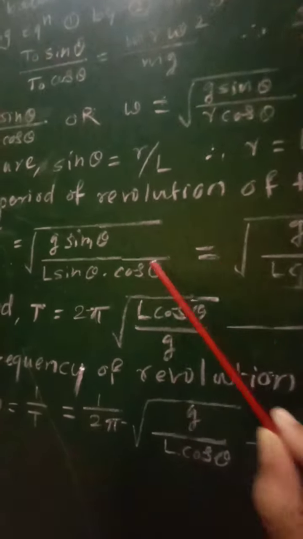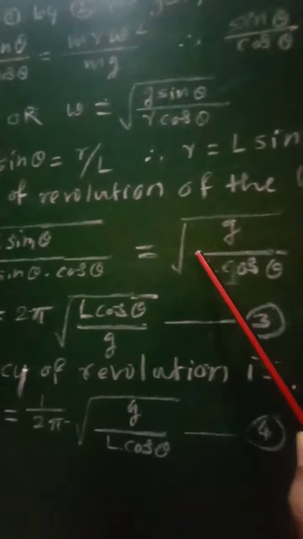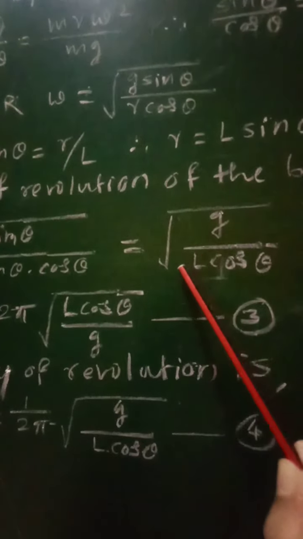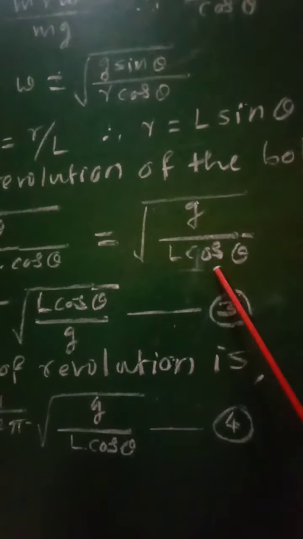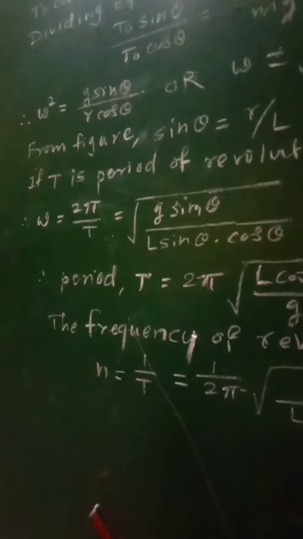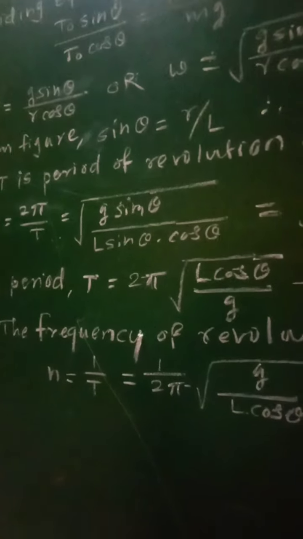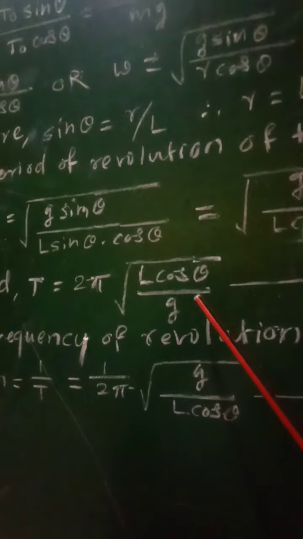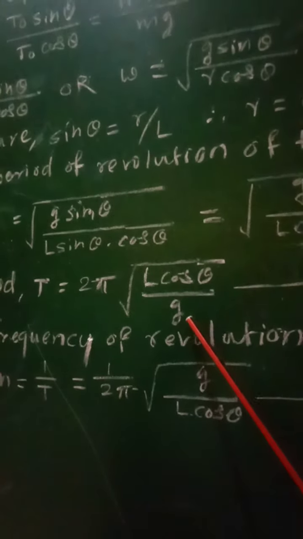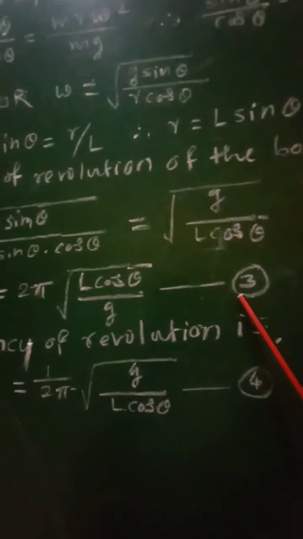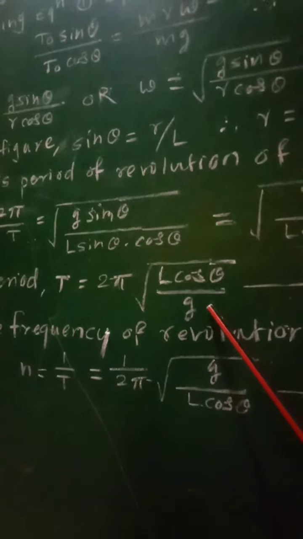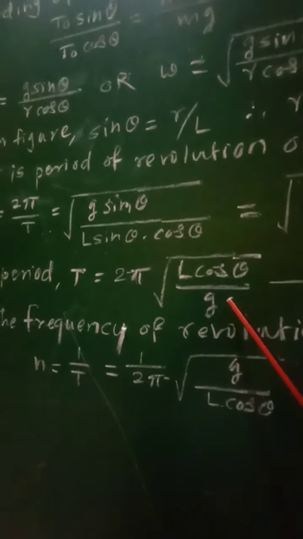So that we will get sin theta cancel, and therefore square root of g upon L cos theta, that will be the value of omega. Therefore period T will be equal to 2 pi into square root of L cos theta upon g, equation number 3. So this equation gives the period of conical pendulum.